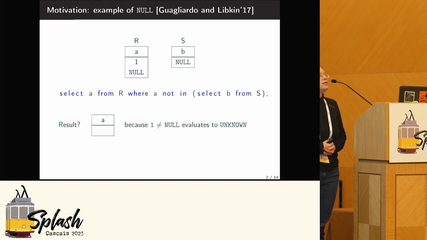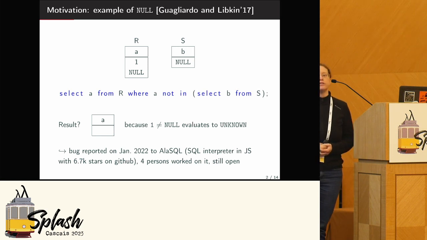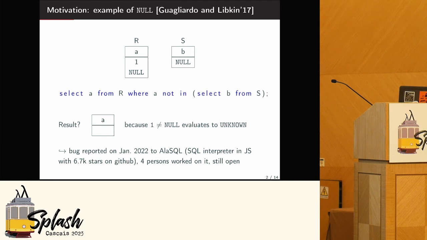And actually, it's non-trivial to build a correct compiler for SQL. We made some experiments, and in one of them, we used AlaSQL, which is a SQL interpreter in JavaScript, which is quite used since it has many stars on GitHub. And actually, it doesn't give the correct answer for this query.